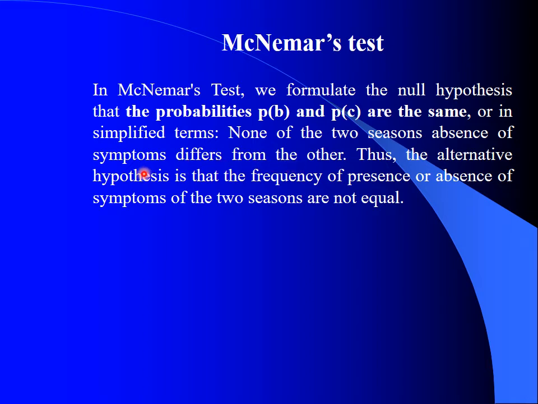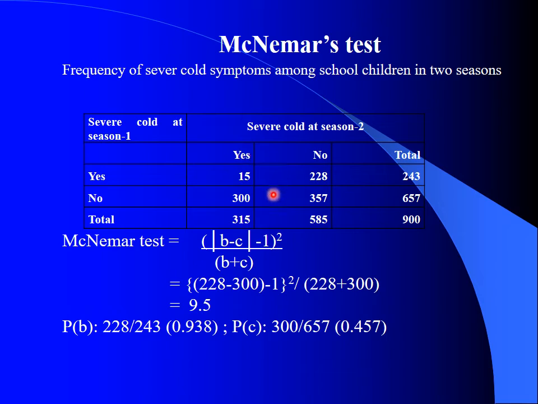Thus, the alternative hypothesis is that the frequency of presence or absence of symptoms in the two seasons are not equal. Here, the McNemar chi-square test is based on these two cells: modulus of B minus C, ignoring sign, minus 1, whole squared, divided by B plus C.